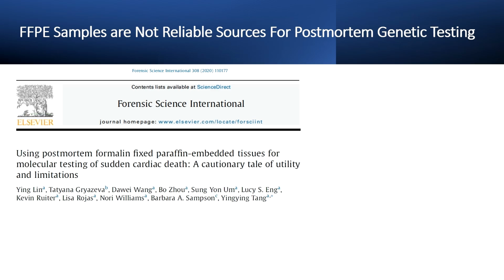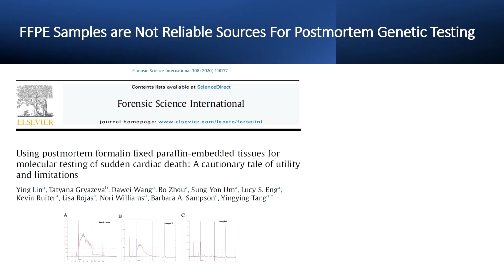Formalin-fixed, paraffin-embedded samples are not a reliable source for postmortem genetic testing. We published our work on testing FFPE samples in Forensic Science International in 2020. Our data showed low quality of FFPE samples in comparison to unrelated tissues from the same case.